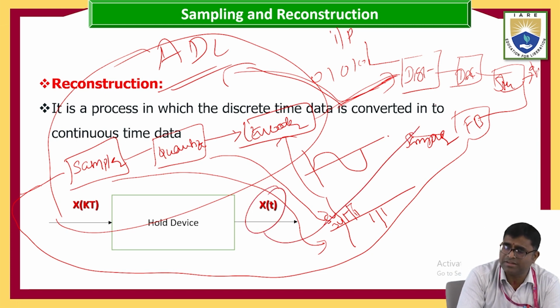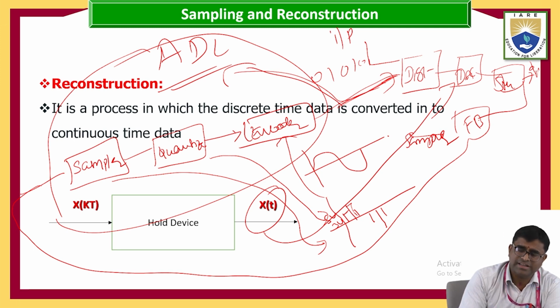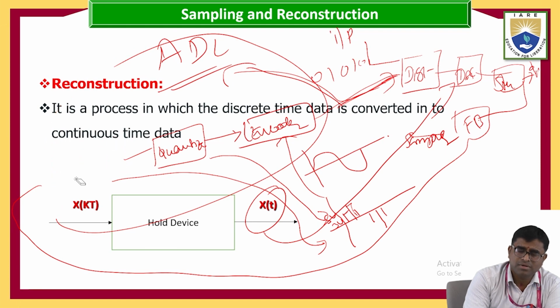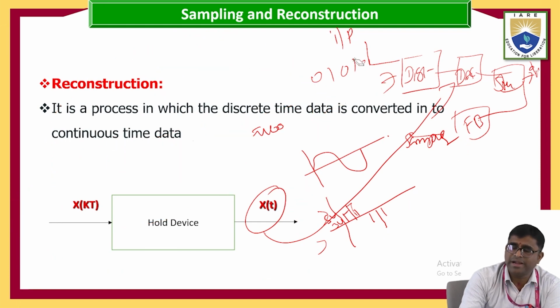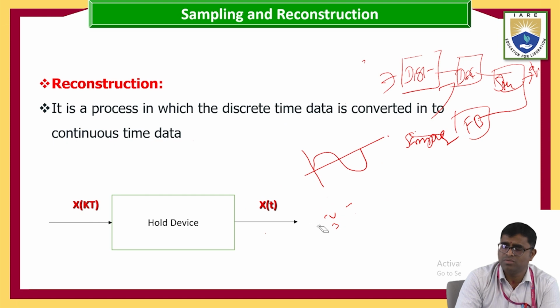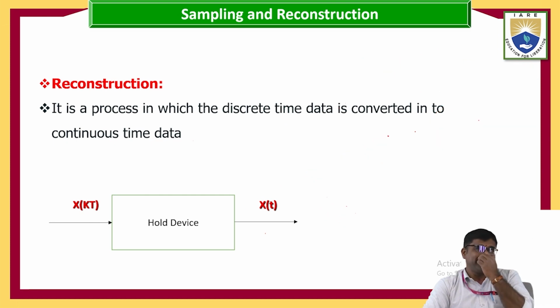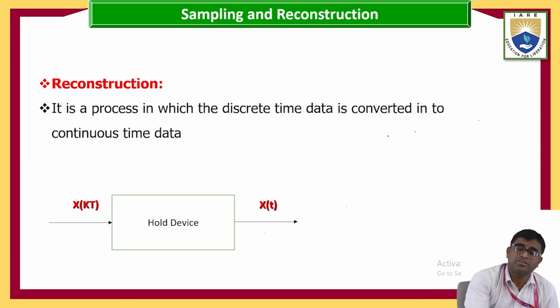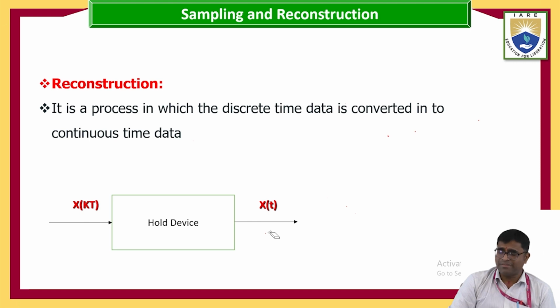Continuous signal. That is nothing but the DAC output. So these are your sample and reconstruction components. Remember, this is discrete time and this is continuous time. Again, finally, you are getting the continuous. This continuous time is going to be given to the process or plant or system.